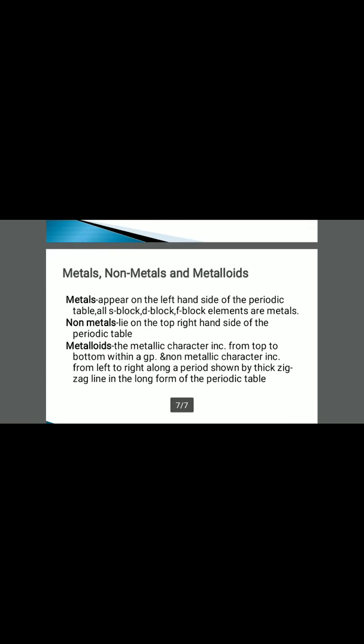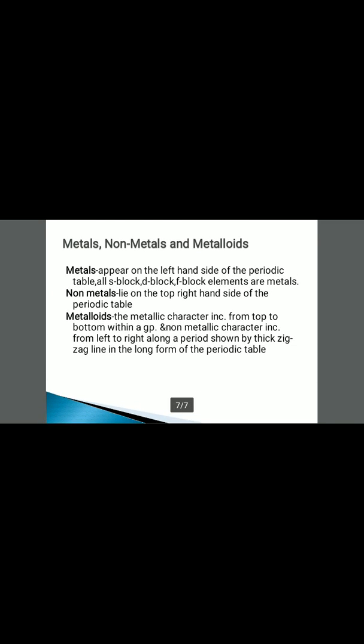Now, the last topic of this part: metals, non-metals and metalloids. Metals comprise 78% of all the known elements and appear on the left hand side of the periodic table. All S block, D block and F block elements are metals. Now what about non-metals? The number of known non-metals is very few, and they lie on the top right hand side of the periodic table.